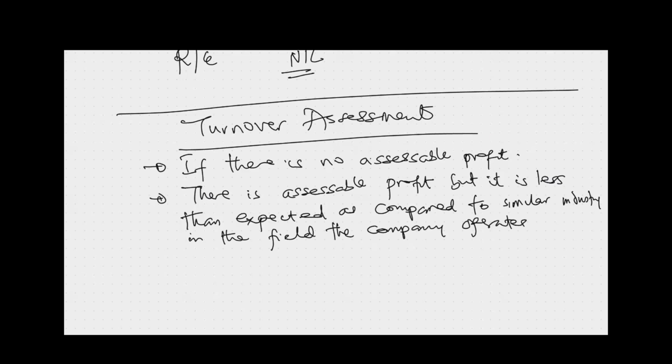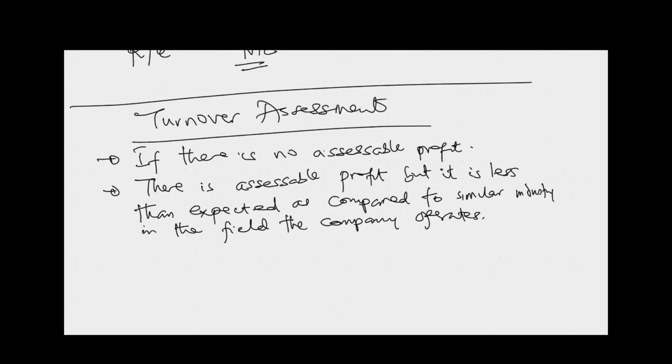Do you understand what I'm saying? What we are saying here is that a company will be assessed with tax on turnover where number 1, there is no accessible profit. Number 2, there is accessible profit, but the accessible profit is less than expected. Okay?